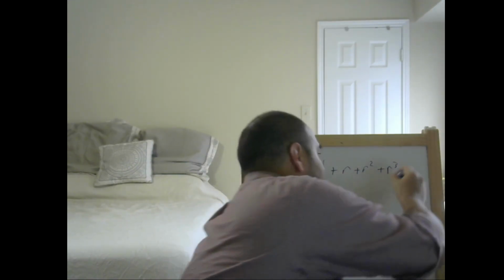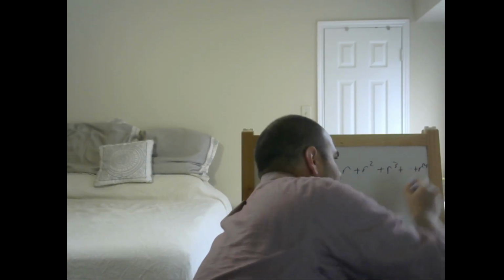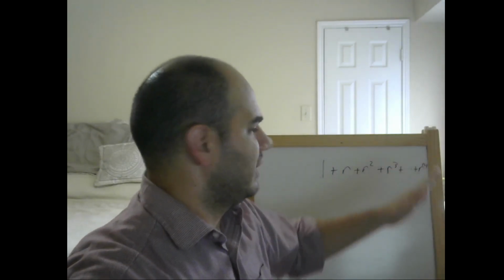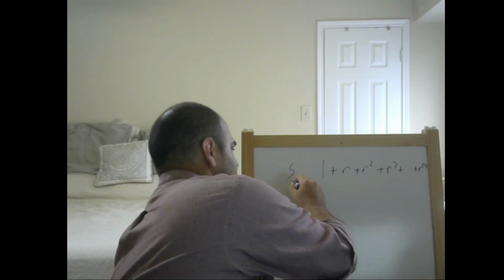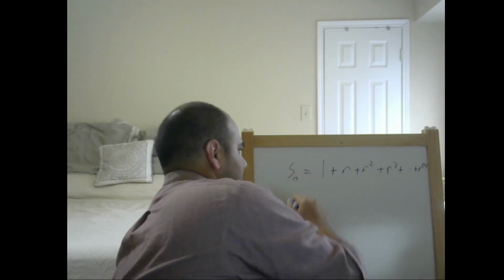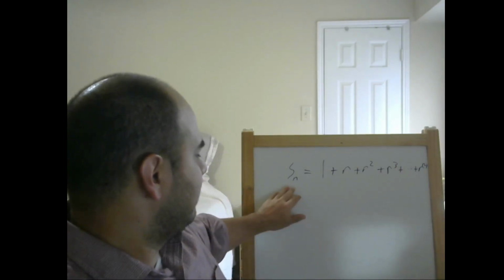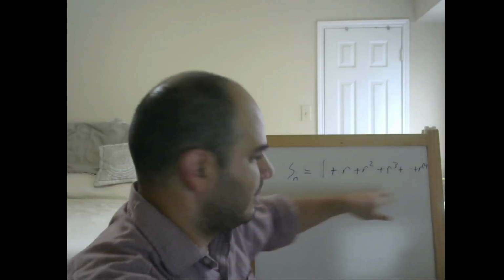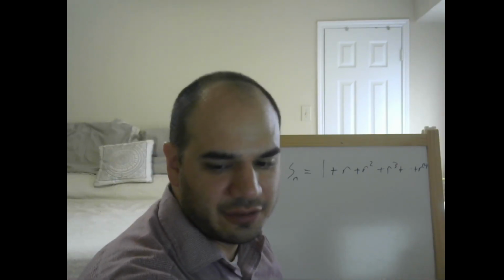Do it again. You can do it n minus 1 times, so that the sum of n terms, 0 through n minus 1, is represented by this simple shorthand notation.